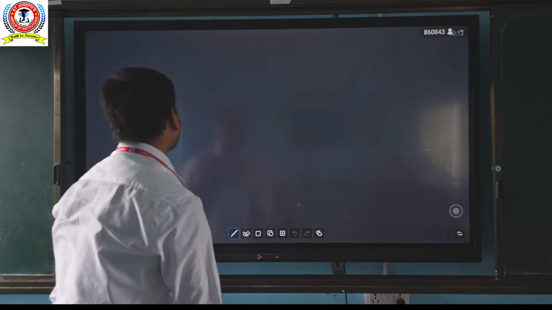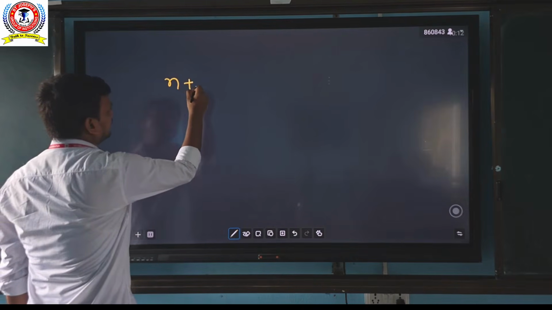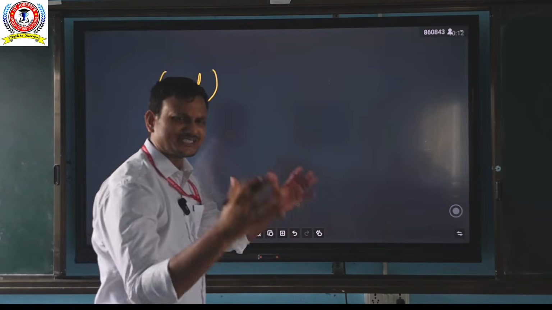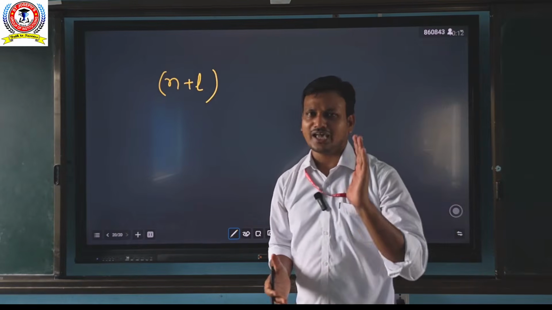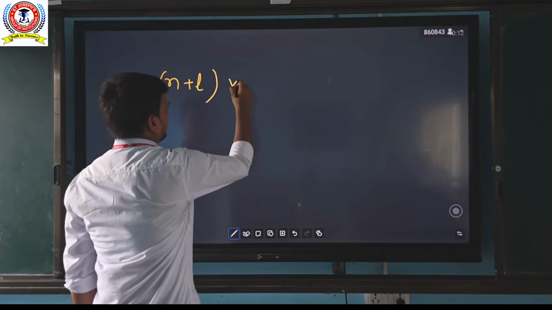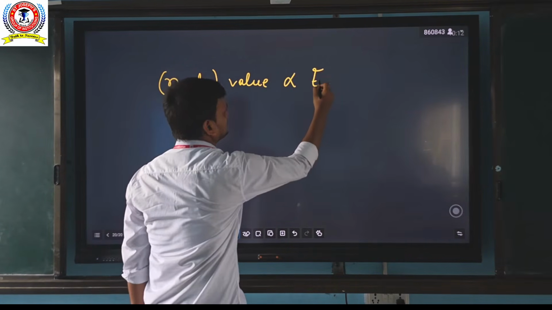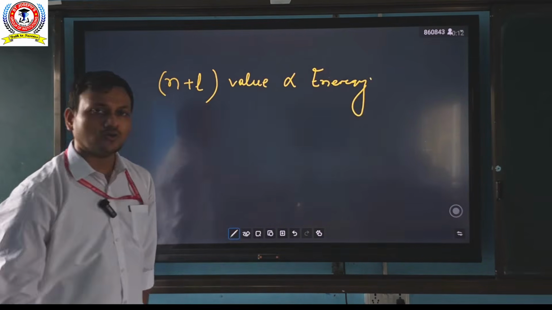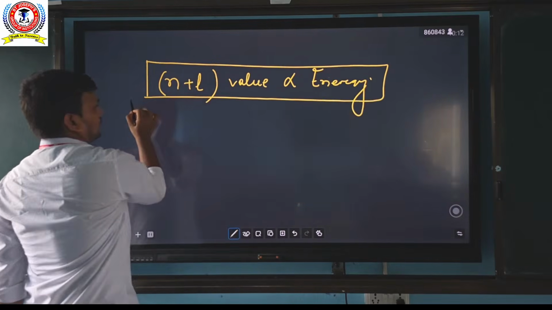Suppose, students, we use the n plus l value, this is the most interesting concept. The concept is the n plus l value. The n plus l value is directly proportional to energy.